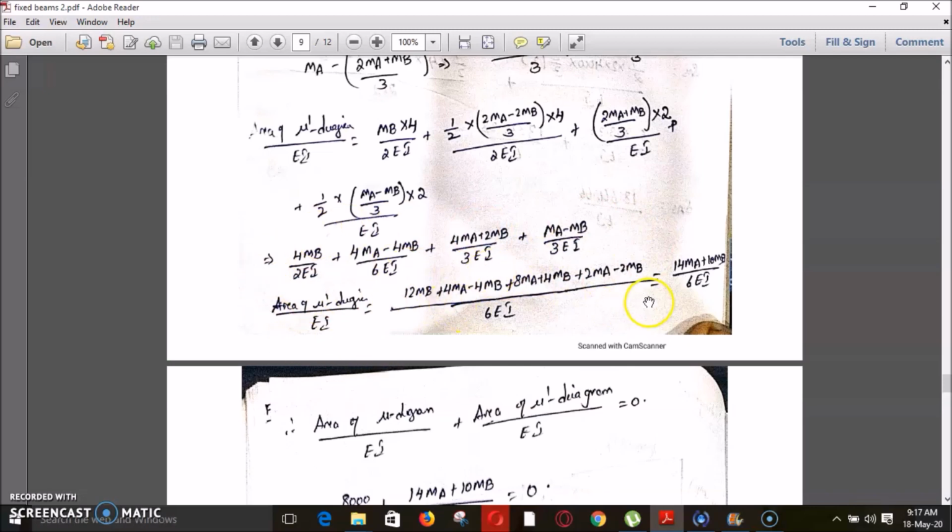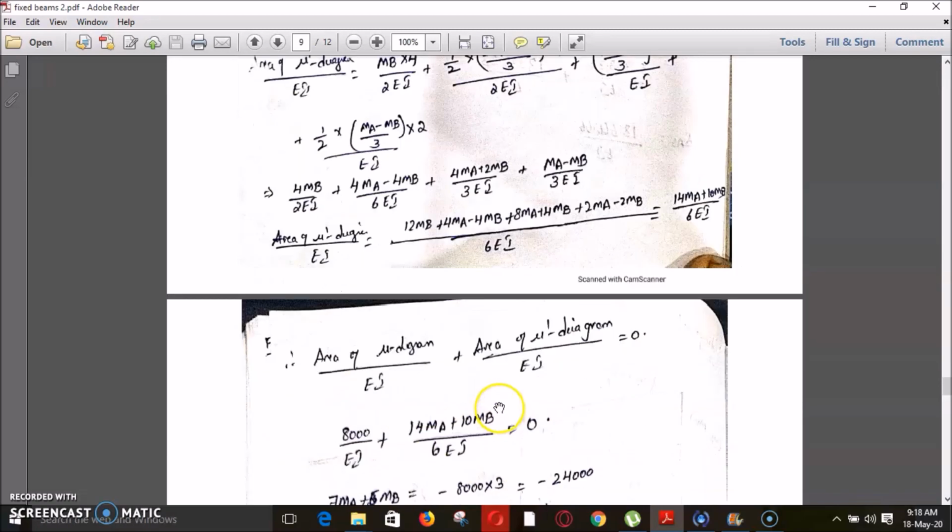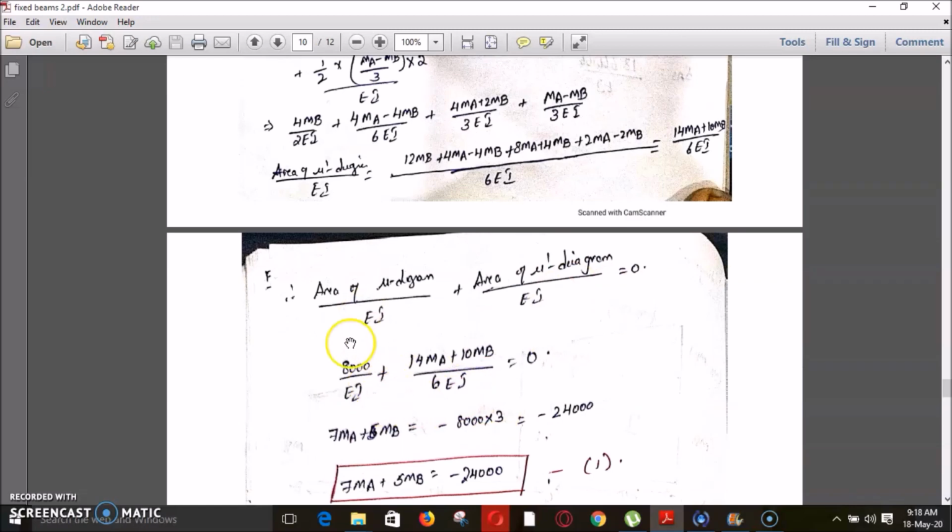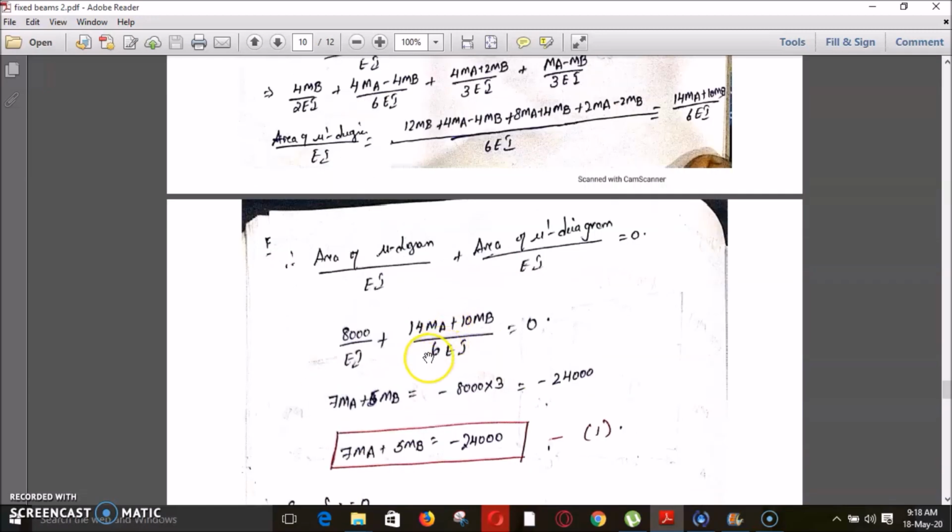So now we had calculated area of mu diagram by EI value and area of mu dash diagram by EI value. By substituting these values here and solving it, we will get an equation, that is 7MA plus 5MB is equal to minus 24,000. So marking it as 1.